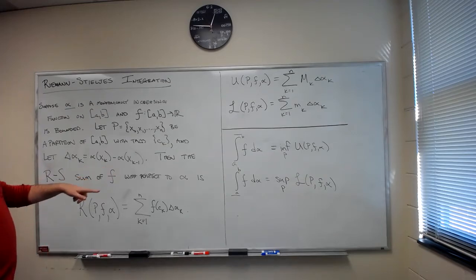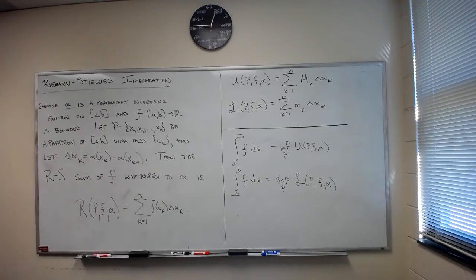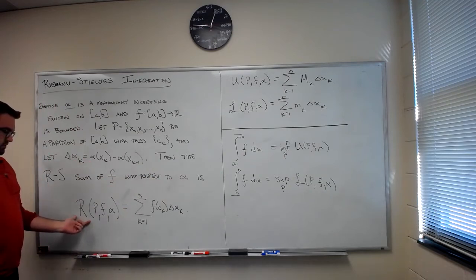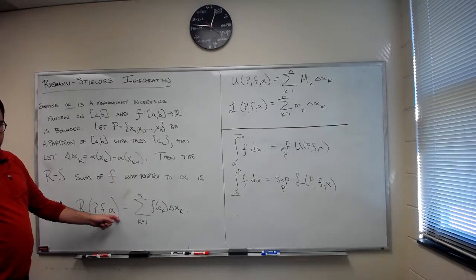I had to look up how to spell Stieltjes, and I'll have to keep looking it up if I keep writing it. So I'm just going to write capital R dash capital S for Riemann-Stieltjes. So the Riemann-Stieltjes sum of f with respect to this other function alpha, we denote this R-S of P, f, alpha.